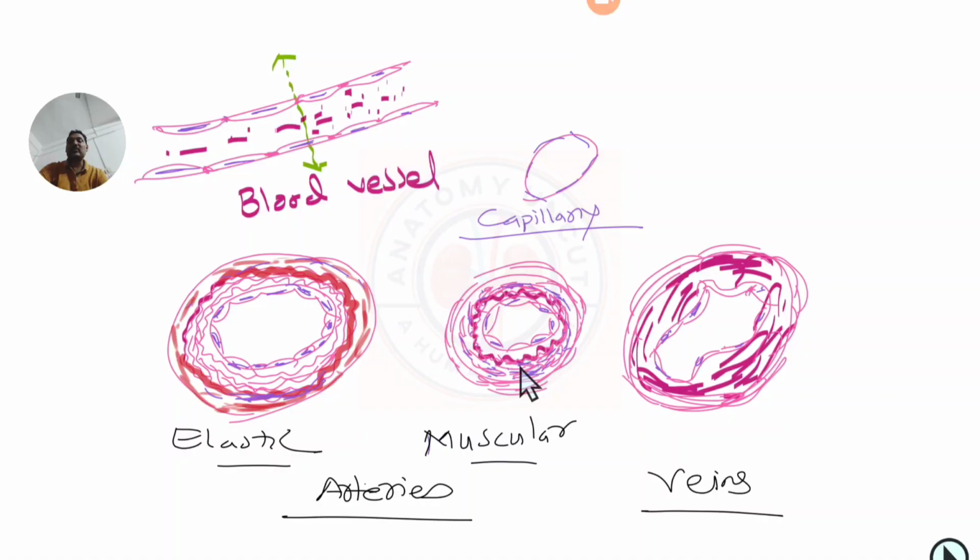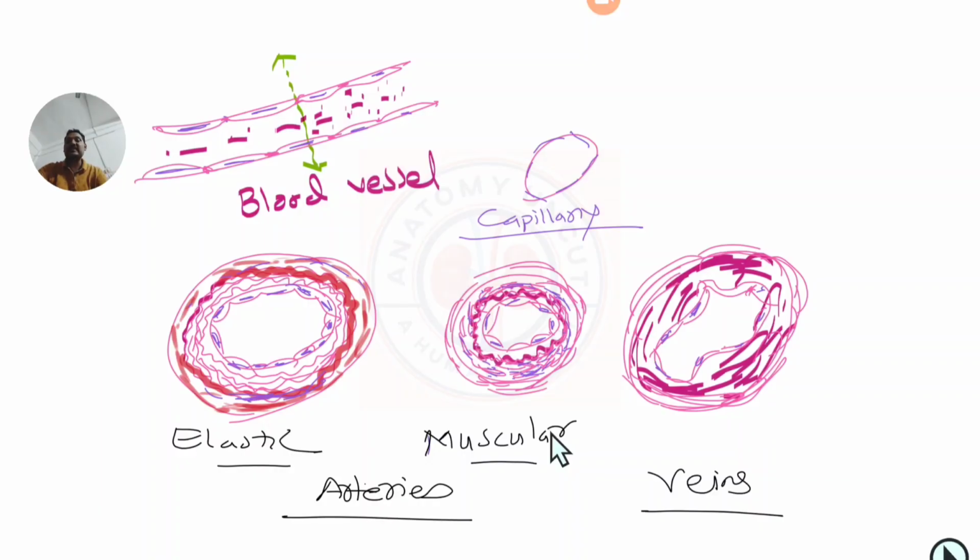Now this media holds very great importance when it comes to the structure of the blood vessel. Why? Because if the media in the case of an artery contains this kind of wavy elastic fibers, this artery will be called an elastic artery. If this media contains smooth muscle cells, this is called a muscular artery, and they differ in their function.